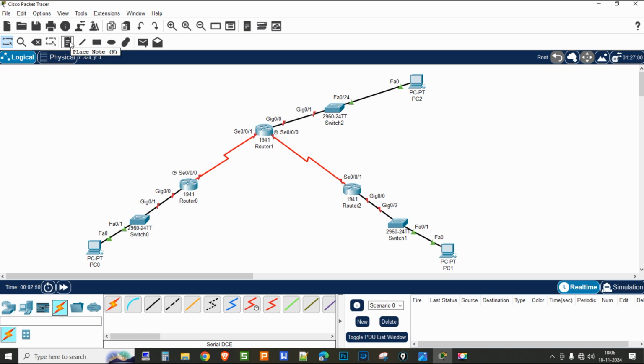Here I need to type the IP address 192.168.1.0/24. Here I need to use 172.16.1.0, 2.0, then 3.0. We use the 5 LAN segments.